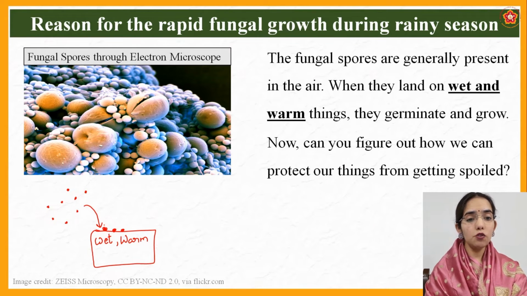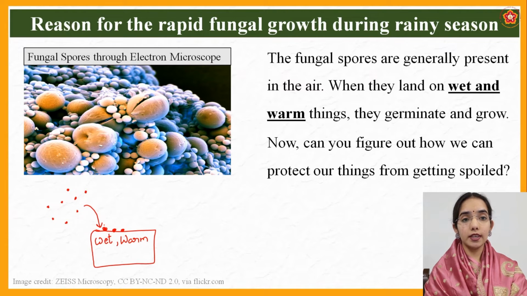So now, can you figure out how can we protect our things from getting spoiled? Now we know that they grow on wet and warm things. So how can we protect our things from fungus? We need to always dry our clothes in the sun and only store them in our wardrobes and almirahs once they have fully dried up and all the moisture has gone from it.